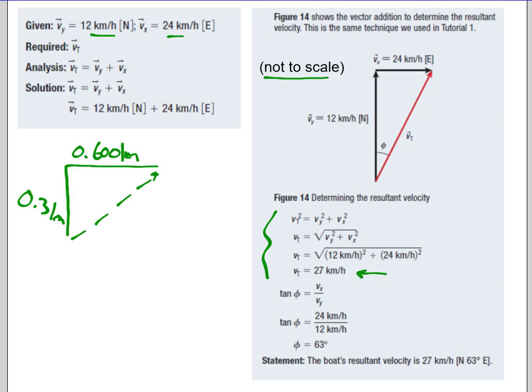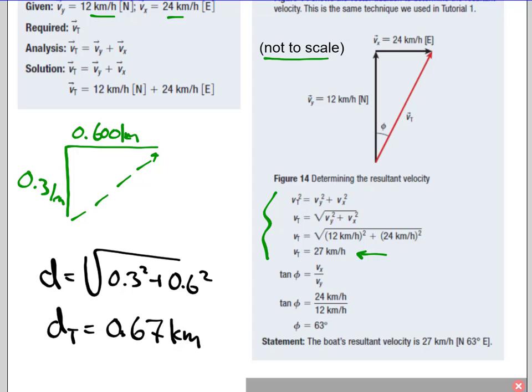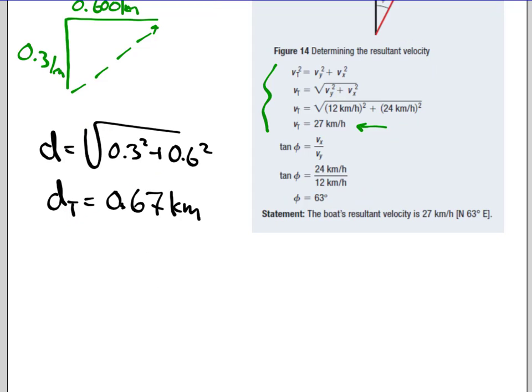We could find that displacement by doing a quick Pythagorean theorem. 0.6 squared plus 0.3 squared, square root, and you get a total displacement of 0.67 kilometers. And you might be thinking, well, so what? Well, here's why we're going to look at that real quickly, and you might be a little bit shocked by this. We're going to take this 27 kilometers an hour, and this displacement here was 0.67 kilometers.